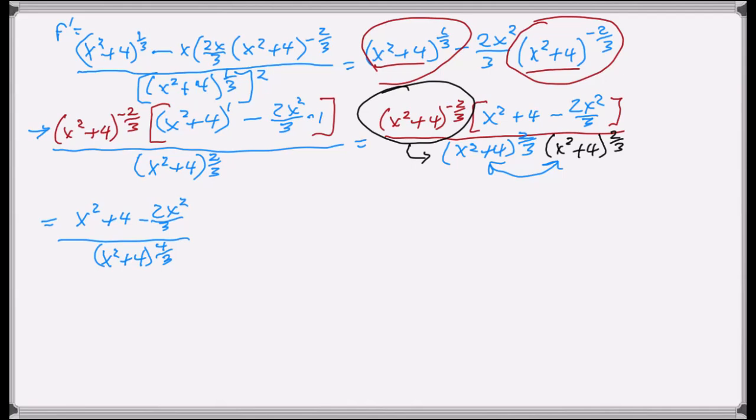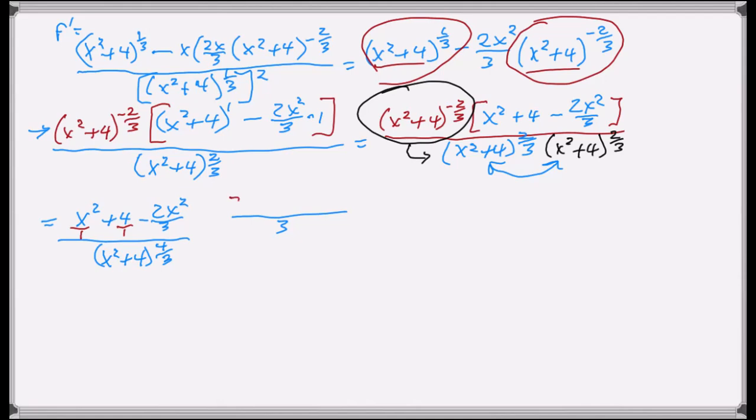That's not a bad answer, but if I wanted to simplify it even more, I could say, well, let's put everything on top over denominator 3. What would that give me? Well, each of these is over 1, so my common denominator is 3.